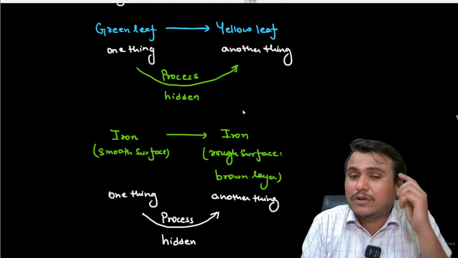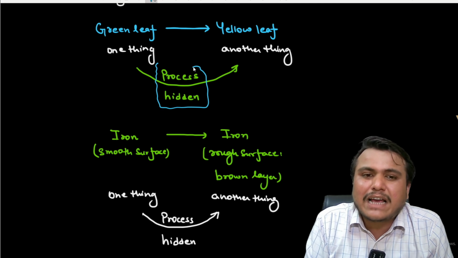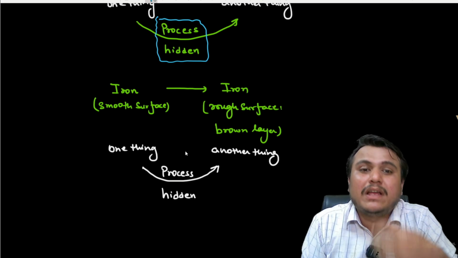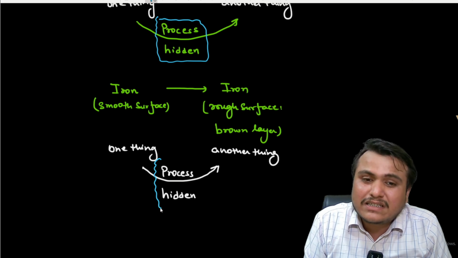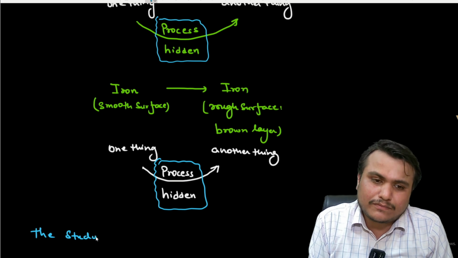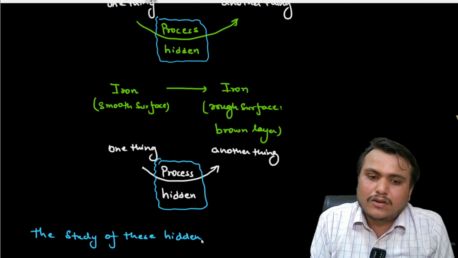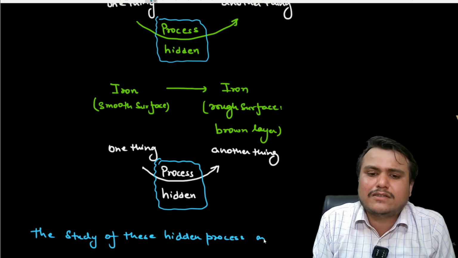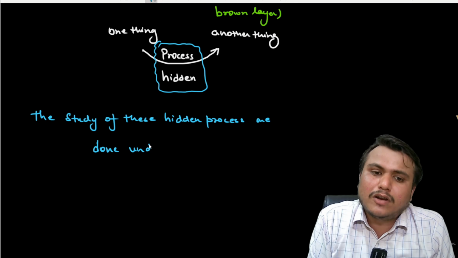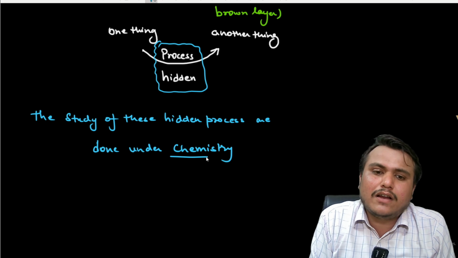Now you can feel the curiosity which is arising: why are these conversions occurring, what is the process behind them, the process which we can't see. The study of these hidden processes is done under chemistry.